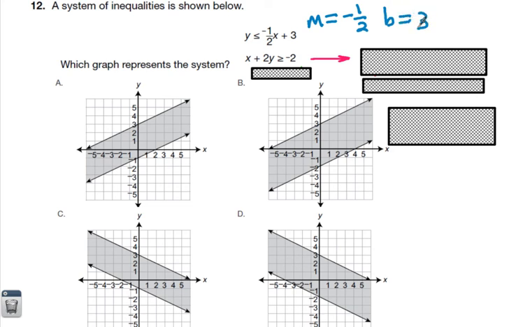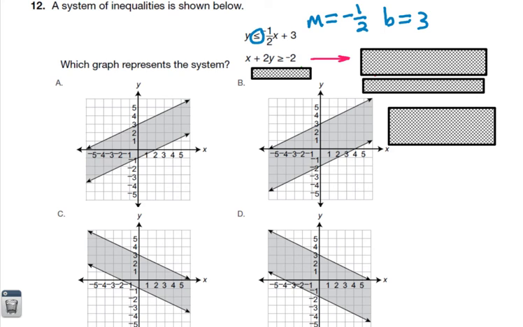And your shading, well, really, first of all, because the symbol is less than or equal to, that means the line is going to be solid. That's something you've got to remember, that whenever it's a less than or equal to or greater than or equal to, the line is solid.